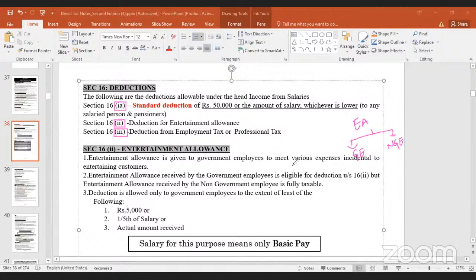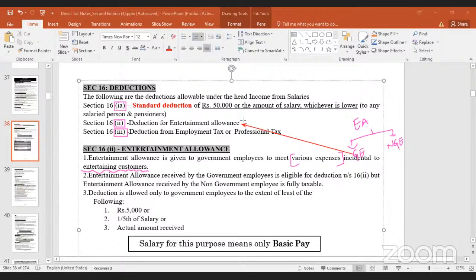Why? These allowances are given to employees to meet the various expenses incidental to entertaining customers. But who is eligible to claim a deduction of entertainment allowance? It is only a government employee who can claim a deduction.